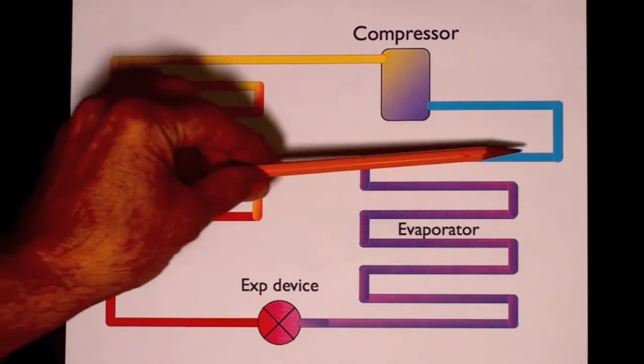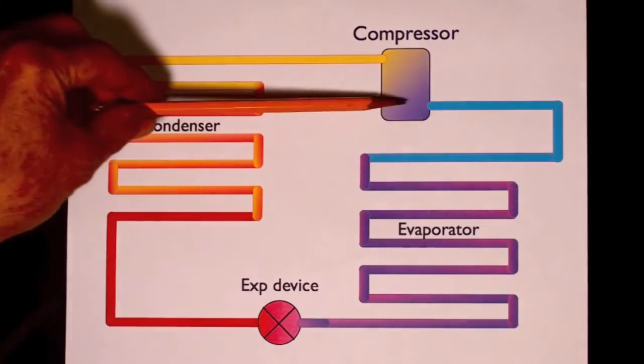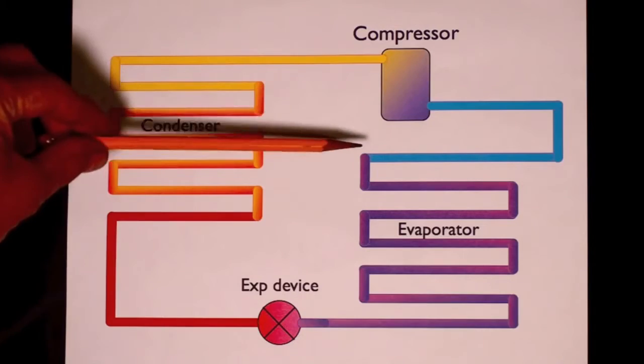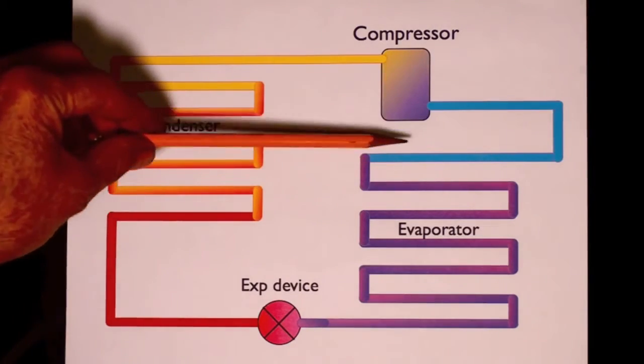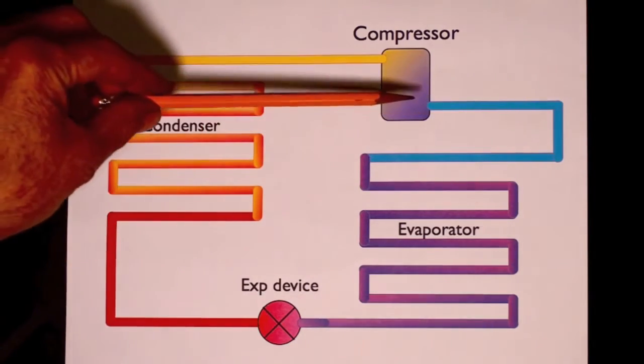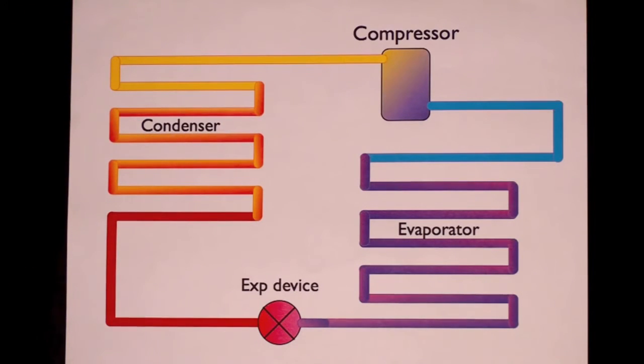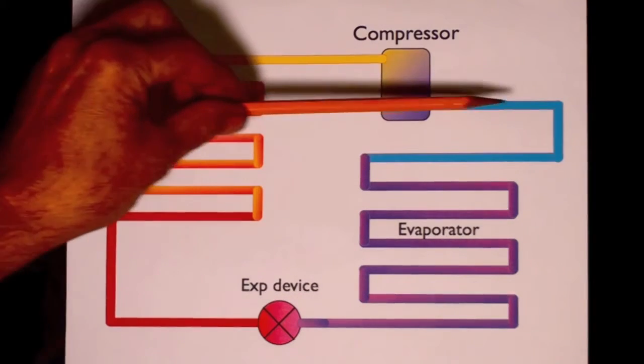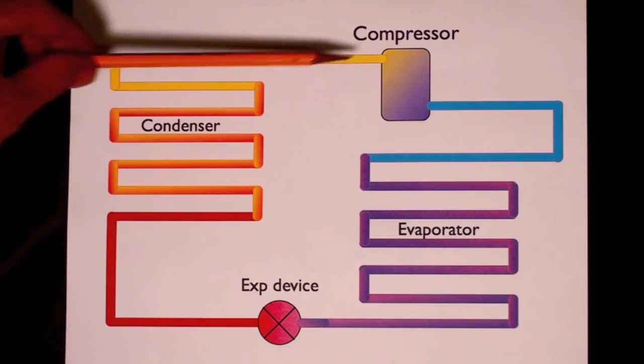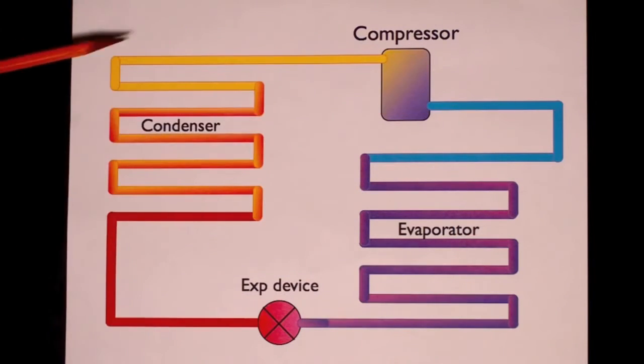And that is the suction line coming up to the compressor. This should be all gas coming into the compressor, because the compressor compresses gas. It can't compress liquids, so we want a gas in the compressor. And then it just goes through the cycle again.